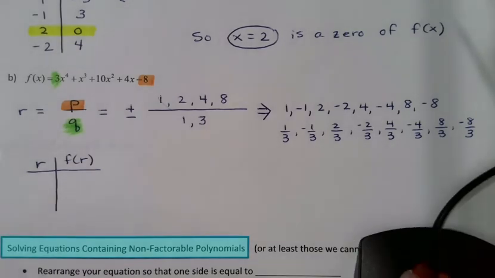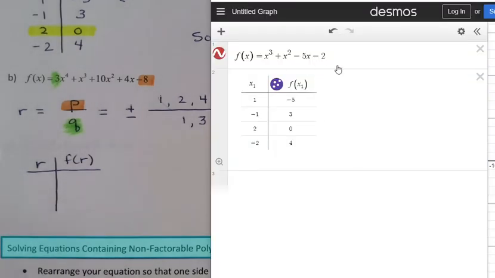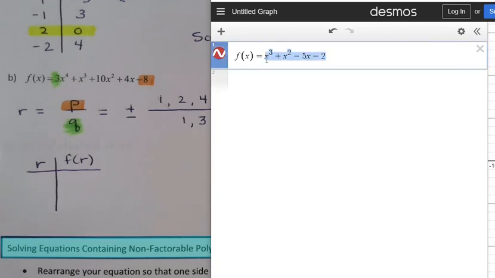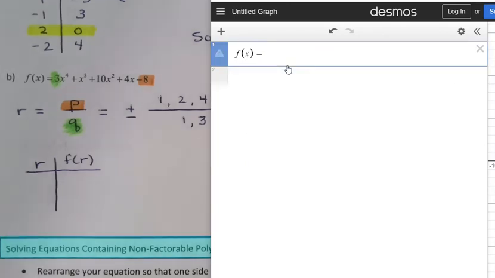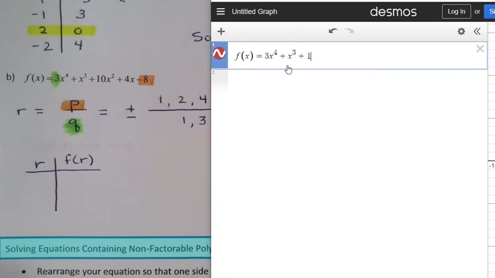So here we go. My new polynomial was 3x to the 4th plus x cubed plus 10x squared plus 4x minus 8.